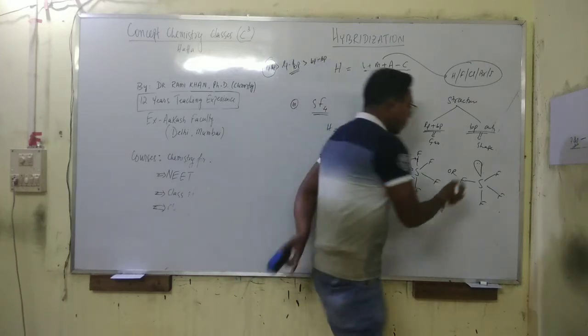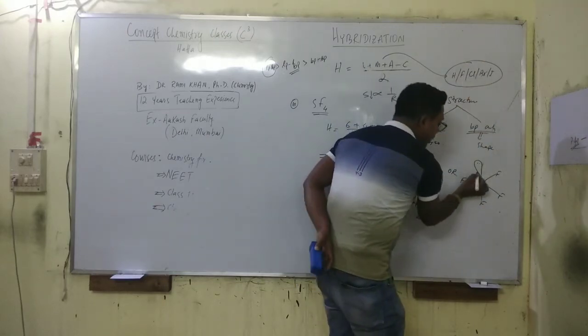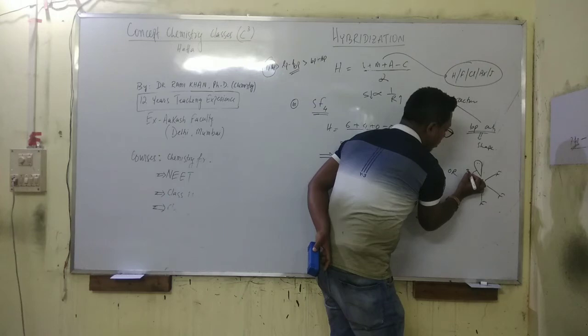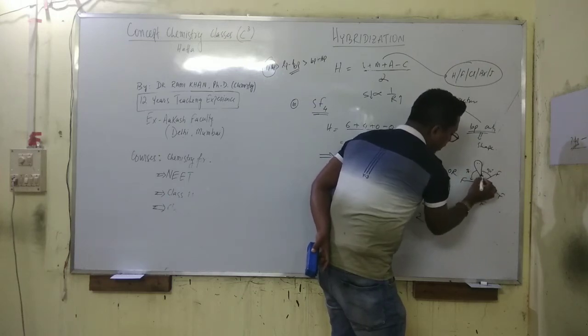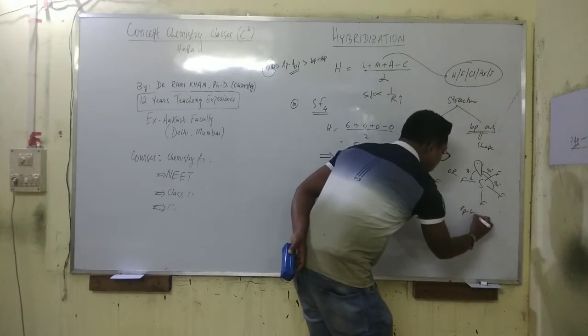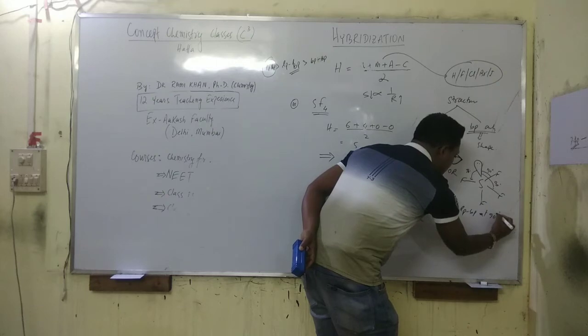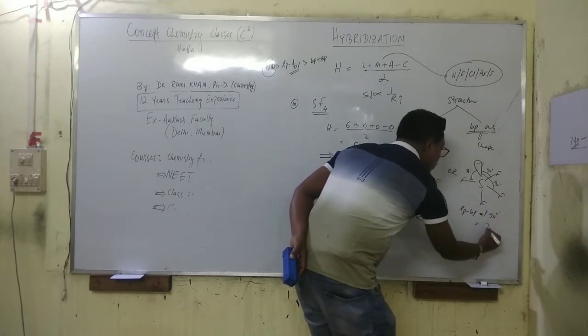In this case, since this lone pair is at the axial position, this is 90 degree, this is 90 degree, and this is 90 degree. So lone pair-bond pair repulsion at 90 degree is equal to 3 here.